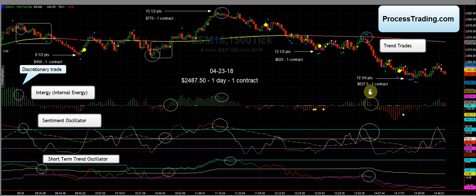So those are 4 trades today. If you would have played those all exactly correctly, that would have been around $2,500 for the day.